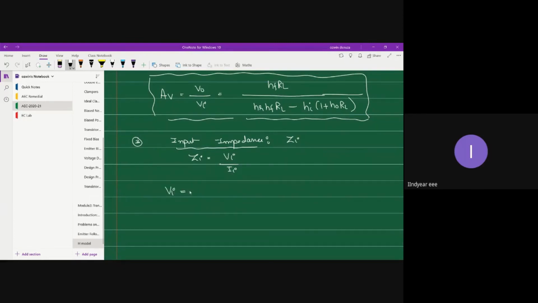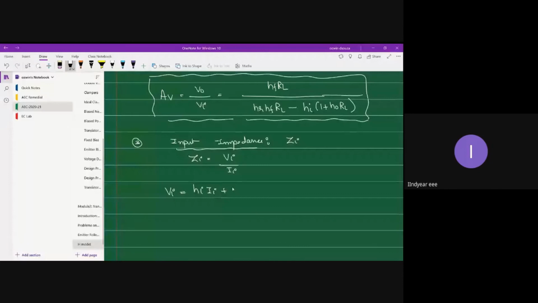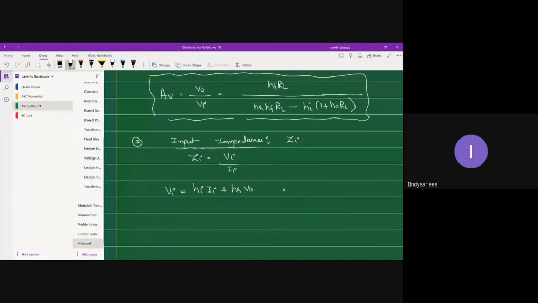For that, first let us write Vi. We have the readily available equation Hi Ii plus Hr V naught. But we have V naught is equal to minus I naught into RL, so directly you can substitute.